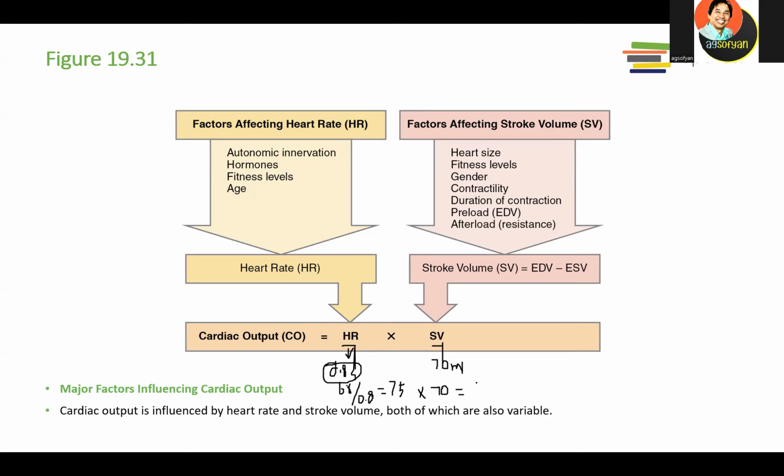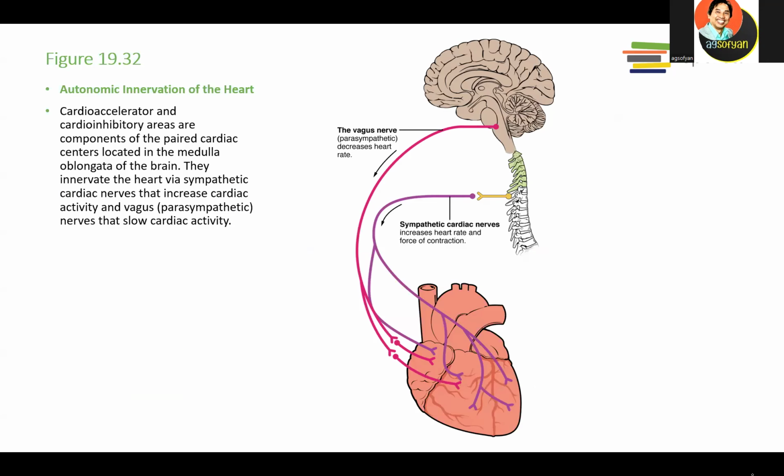It will give us 5,250 milliliters. This is the same as 5.25 liters. It's about maybe 1.5 gallons of blood being pumped every minute. This is every minute. About 5 liters of blood pumped every minute.